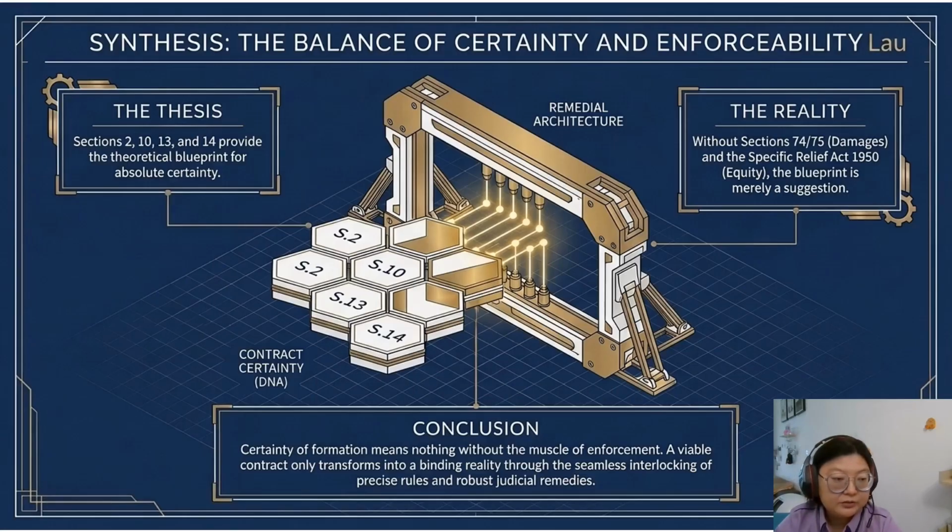Bringing everything together, the fundamental elements of a contract, offer, acceptance, consideration, and free consent, create a theoretical premise, but it is only through a remedial framework, damages under Section 74, specific performance, injunction, and quantum meruit, that this promise becomes a practical and foreseeable obligation.